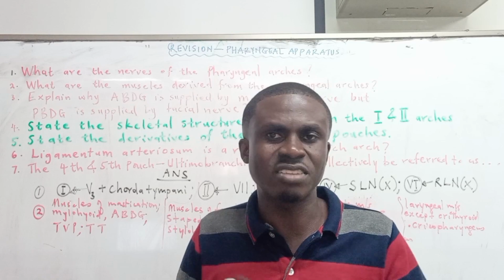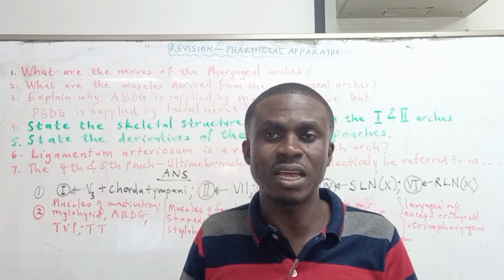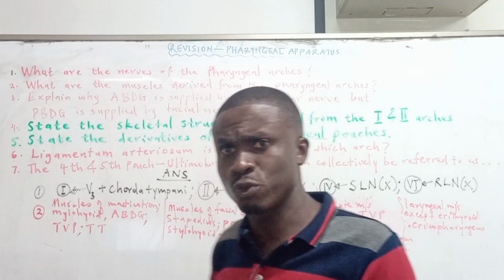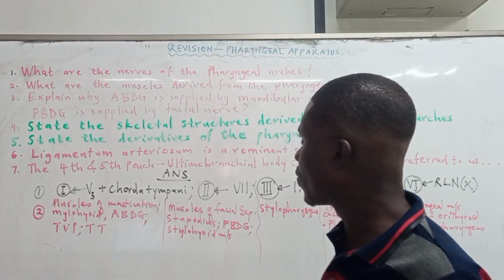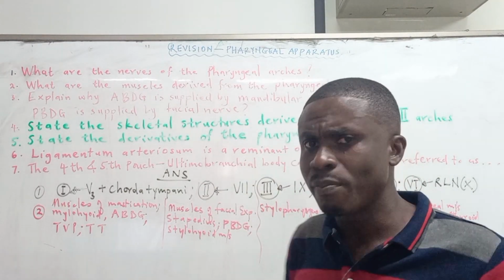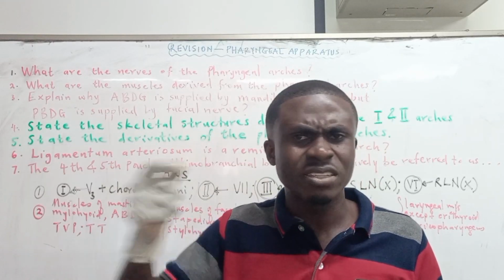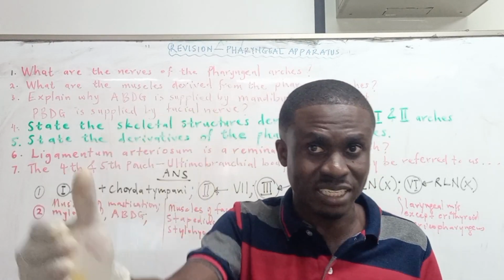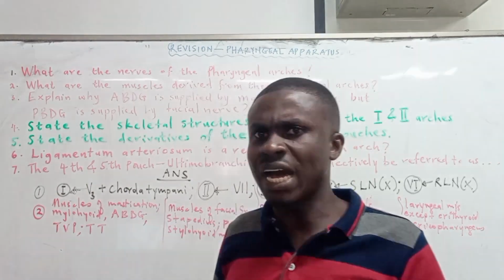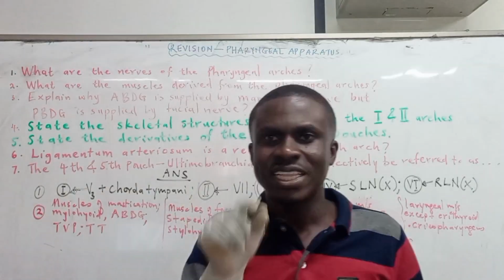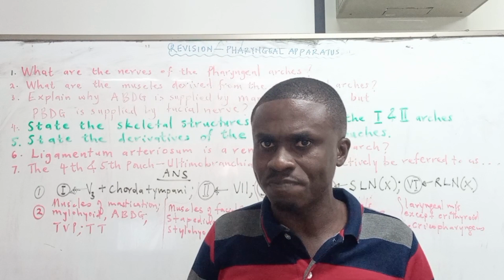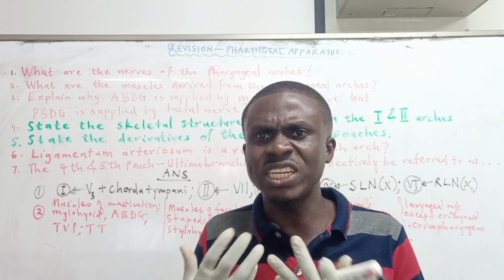These are the things that I want you to be aware of. That will be for the first pouch. But I told you that before we get all these structures, there will be a recess that will be formed, which some people call the tubotympanic recess.